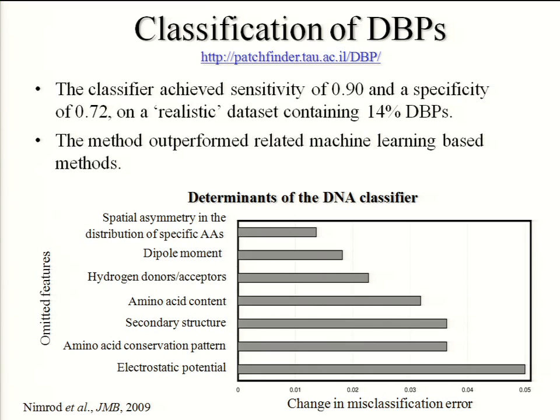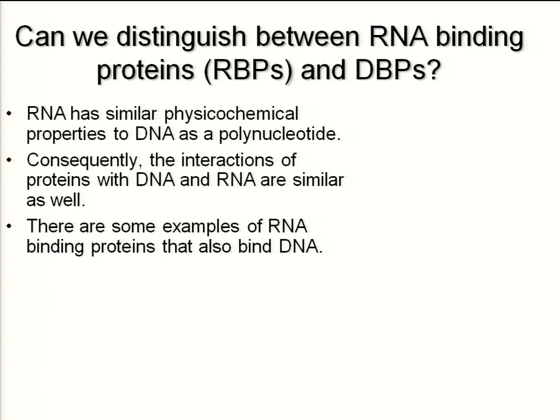Another source of confusion may be the distinction between DNA and RNA binding proteins. And the question is, can we discriminate between them? The reason is that RNA has physicochemical properties that are very similar to DNA, and the interactions of the protein with the RNA and DNA are similar too. In fact, there are examples of proteins that bind both.